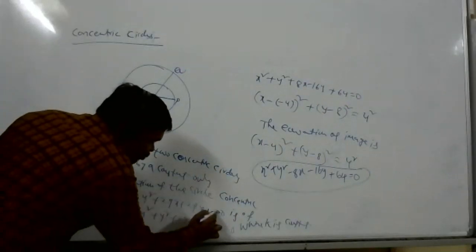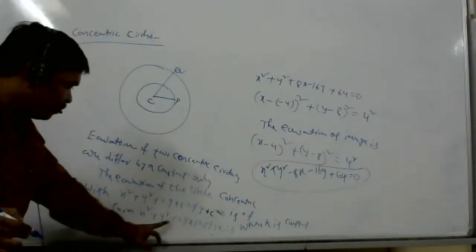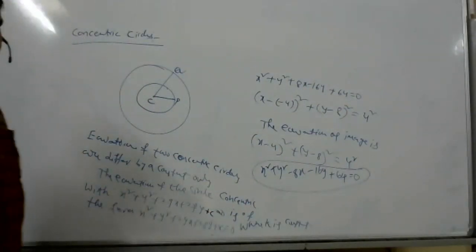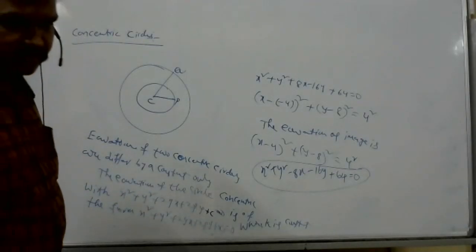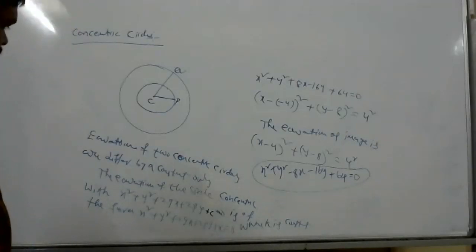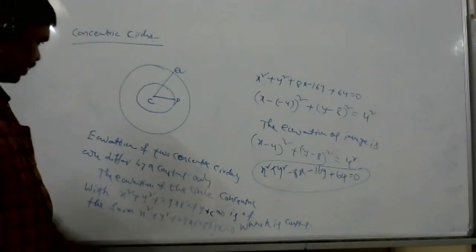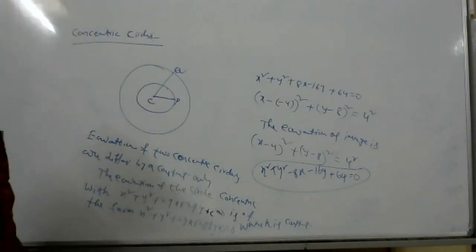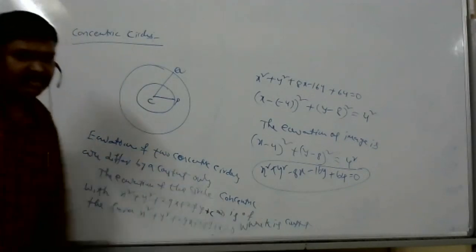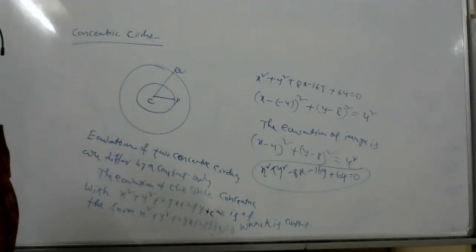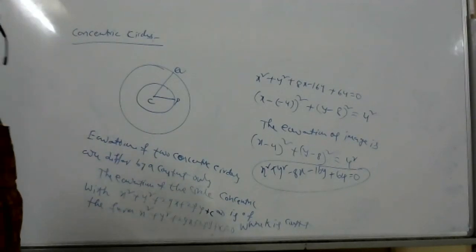Sir, you have written that the equations of two concentric circles differ by a constant only, so there you didn't write k. K is equal to constant. Okay, sir. Sir, here k is not equal to c, no, sir? Yes, correct.